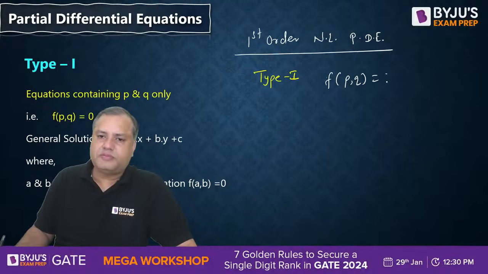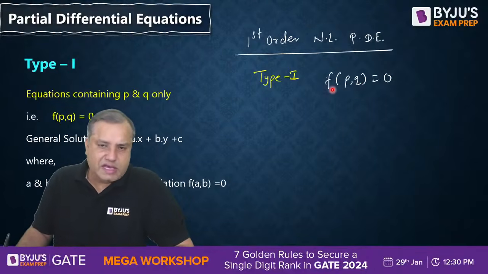If the equation has only p and q, then the equation's format will be like this: f of p comma q equal to 0.